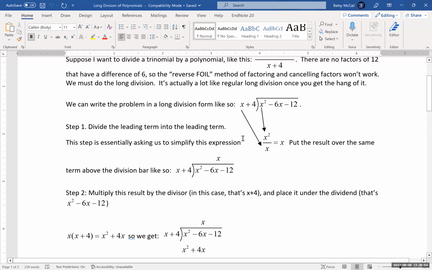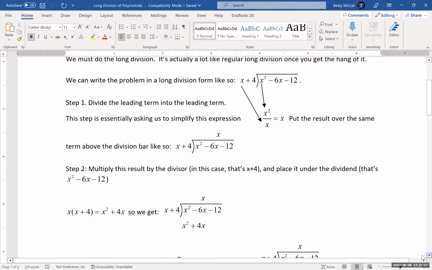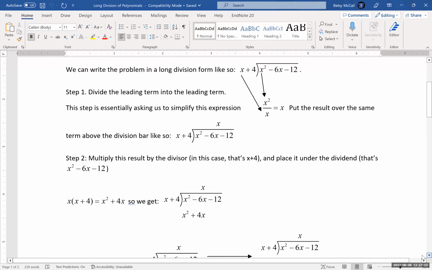So essentially, the leading term from the numerator was x squared, the leading term from the denominator was x, and we simplify that expression to figure out, how many times does x go into x squared? We get x. And so we're going to line up the x above the x term in our original problem. We put it above the division bar, just like when we're doing regular long division, we line up the digits.